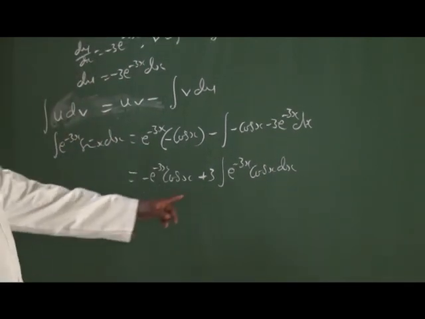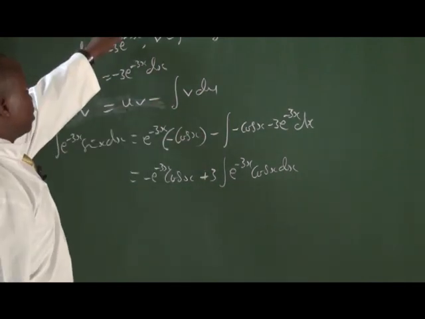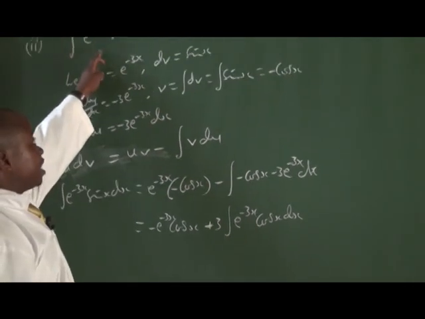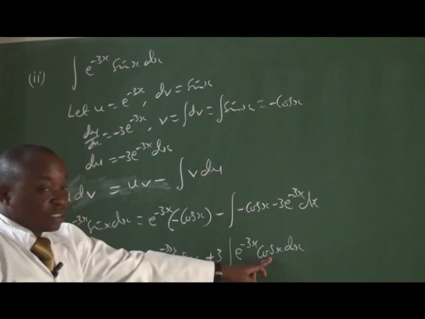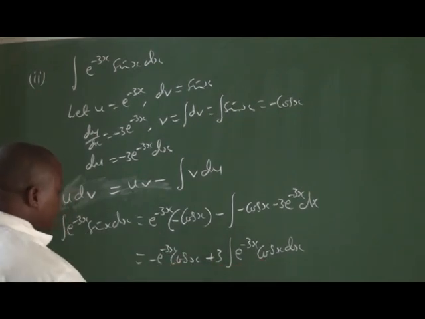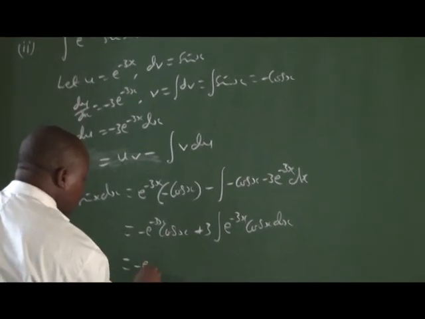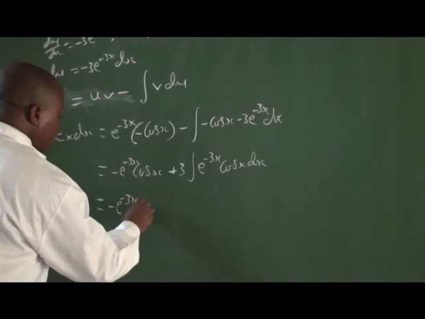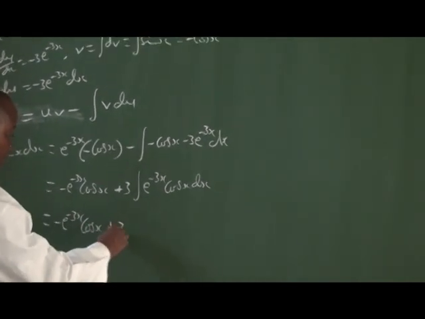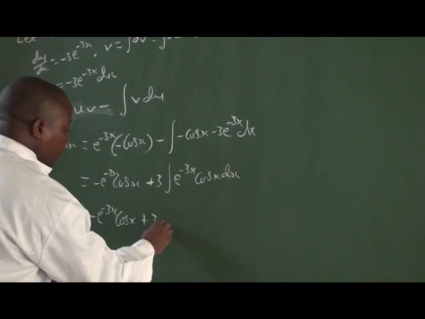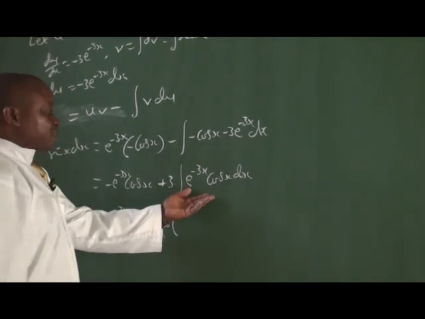So we see that this resembles the first one, except that there is sine there and here is cos. So we have to go again. Minus exponential minus 3x cos x plus 3. Then we start the integration here again.